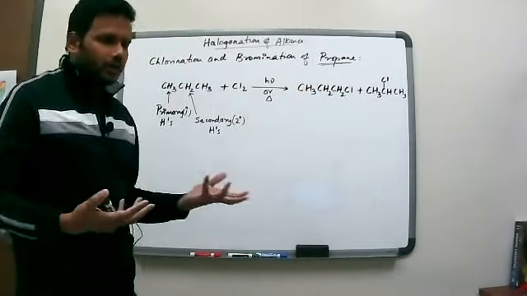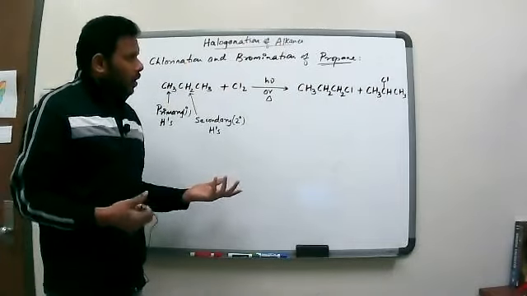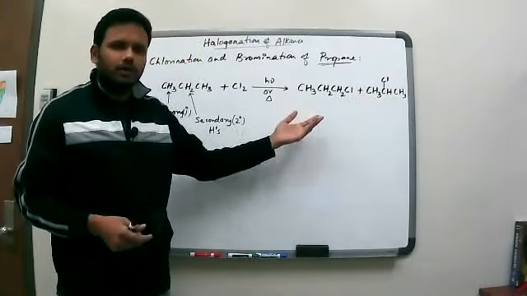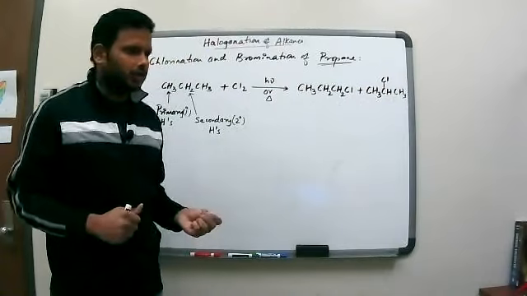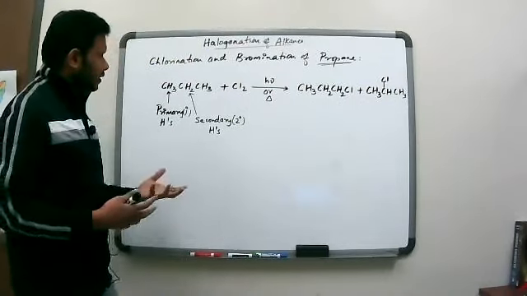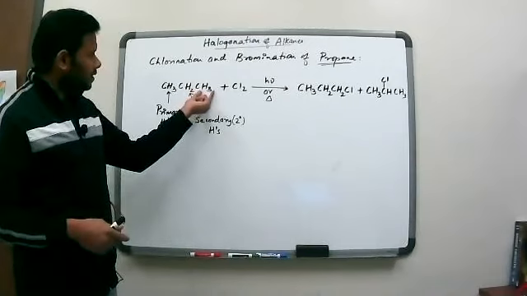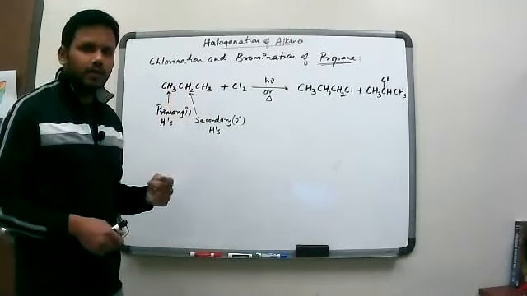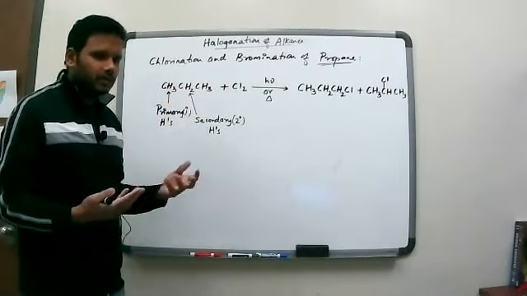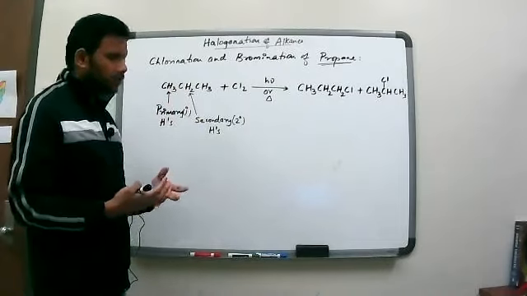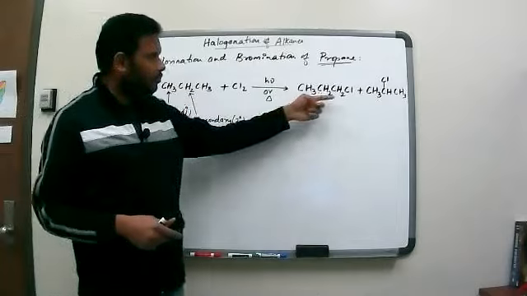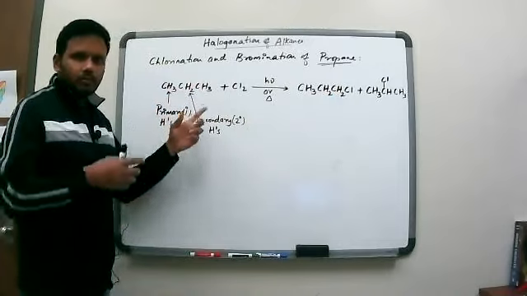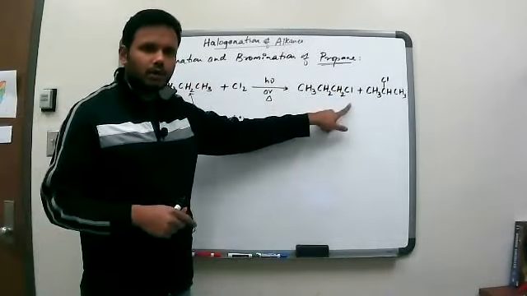So now if I were to ask you, what would be the ratio of these products, which of these two products would you think you would form in a higher amount? Based on statistics, since there are a total of 6 primary hydrogens, and there are only 2 secondary hydrogens, I would hypothesize that I should have more of this product, because I could replace any of the 6 primary hydrogens and it would give me the same product.